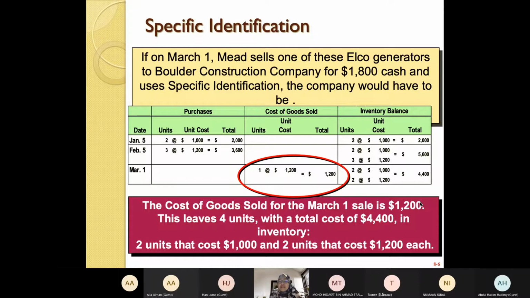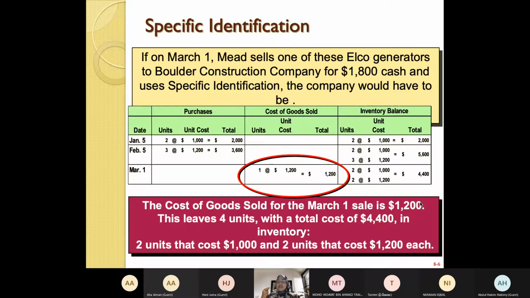But if you use specific identification, it means that when you make sales, it's very specific. You identify which inventory you sell. For example, in this case it's a generator. You sell it for 1,800, but you must know which unit you actually sell. So the information provided is that the cost of goods sold for March 1st is 1,200.